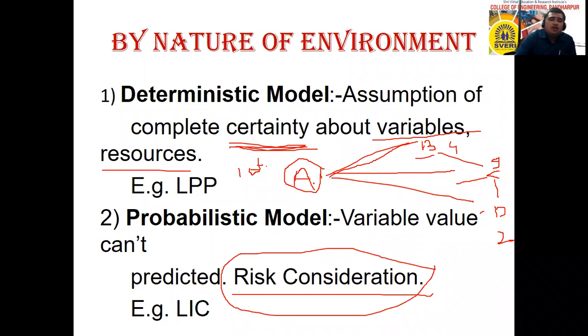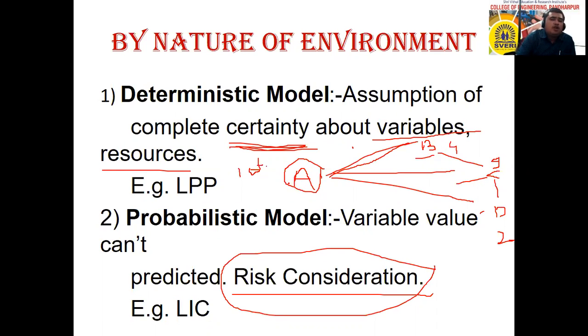You know from A to B you have to go 50 kilometers, A to C 40 kilometers, and A to D 70 kilometers, whatever it may be. You know the distances, the destinations, the capacity of A, and the requirement of B, because A is the factory location.